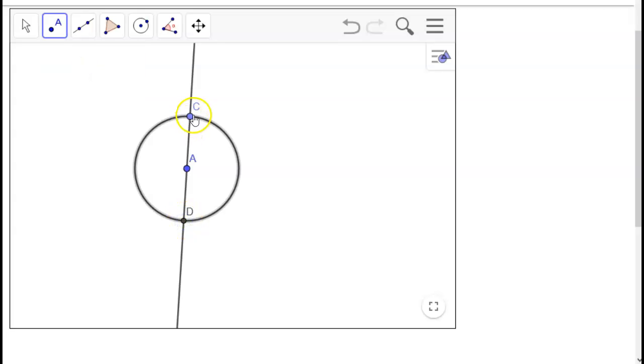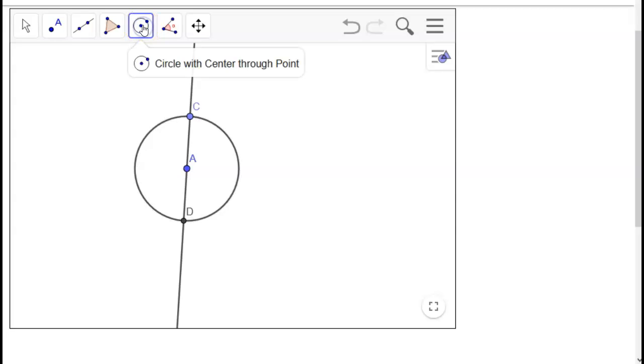So this right here is the diameter of the circle. That's going to be one diagonal of our square. We just have to figure out where the other one is going to go. We know that it's going to go through A, right? We have to figure out where those other two corners are, but we can't eyeball it, remember? We have to figure out where that 90 degrees is going to be.